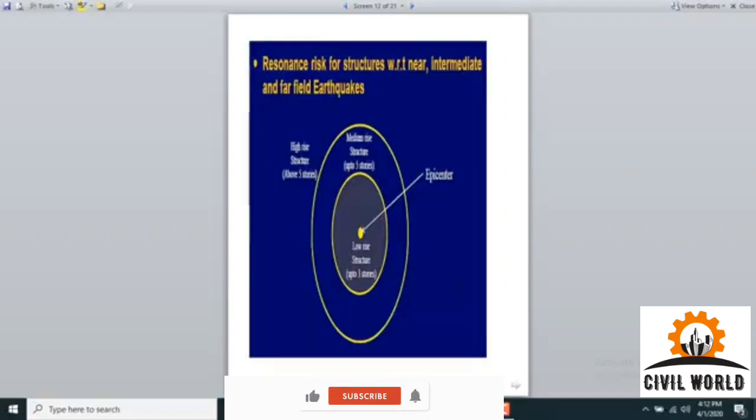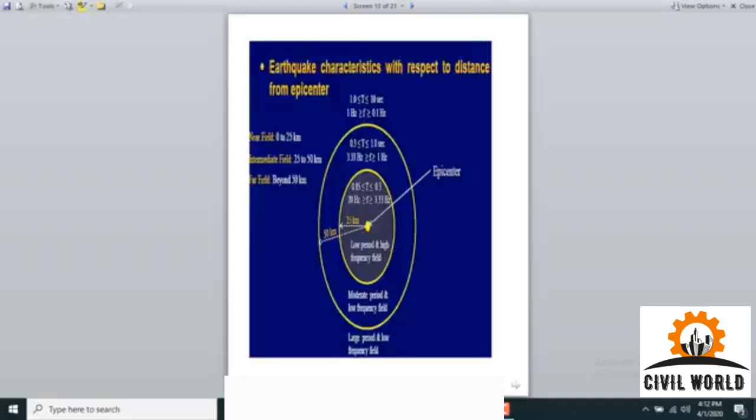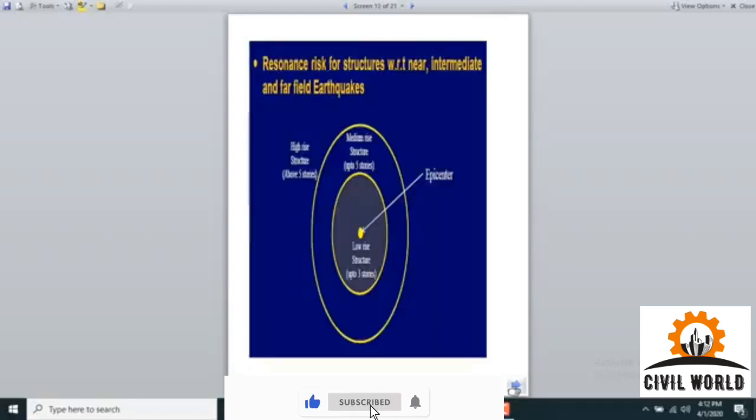Okay. Now as far as building structures or infrastructures are concerned, the risk of failure of structures due to earthquake depends on the height of the structure as well. The theories and research conclude that those structures lying within the first area, known as the near field area, should have a story height of not more than 3 stories.